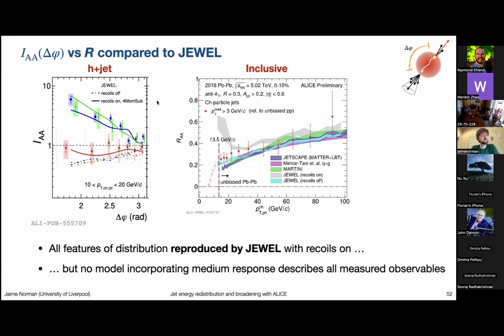Sorry, Jamie, I'm stealing your time here. No worries. Background correction, contrary to the view of many people in the heavy ion field, from my perspective, is entirely an experimental question. It's our responsibility to correct the background and then compare to theoretical calculations at the level of what we call particle level, generator level.